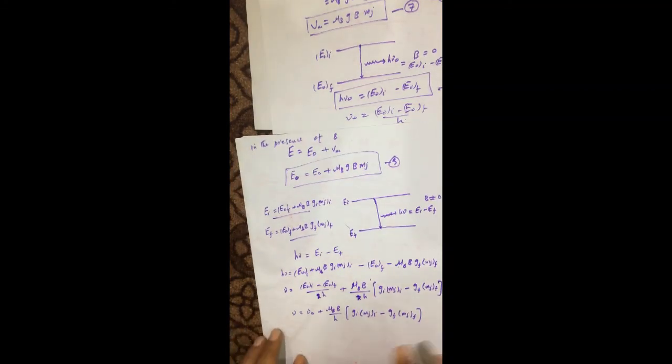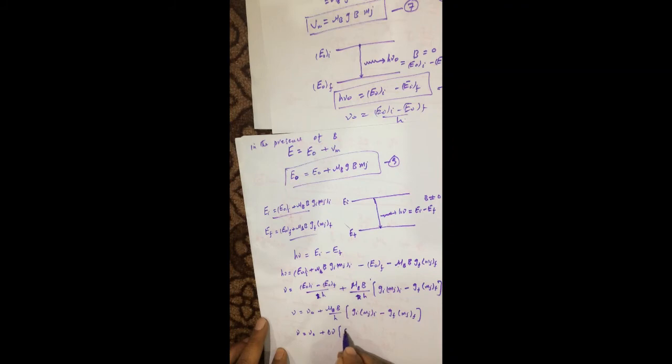We can write nu is equal to nu naught plus delta nu times gI MJI minus gF MJF.